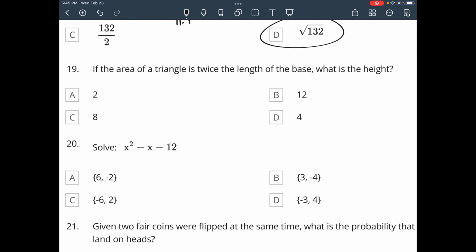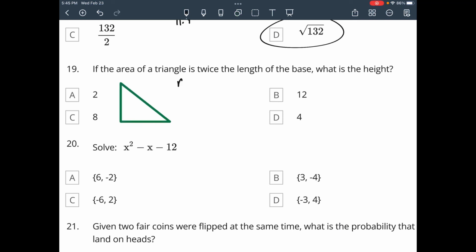Number 19. If the area of a triangle is twice the length of the base, what is the height? Okay, so let me draw a triangle here. There we go. Remember how to find the area of a triangle?